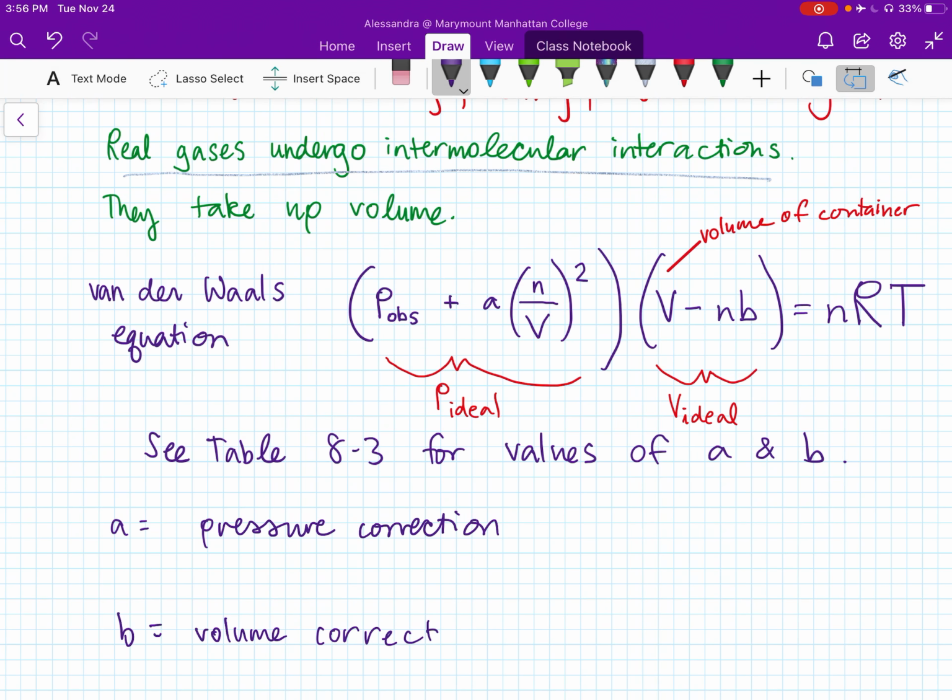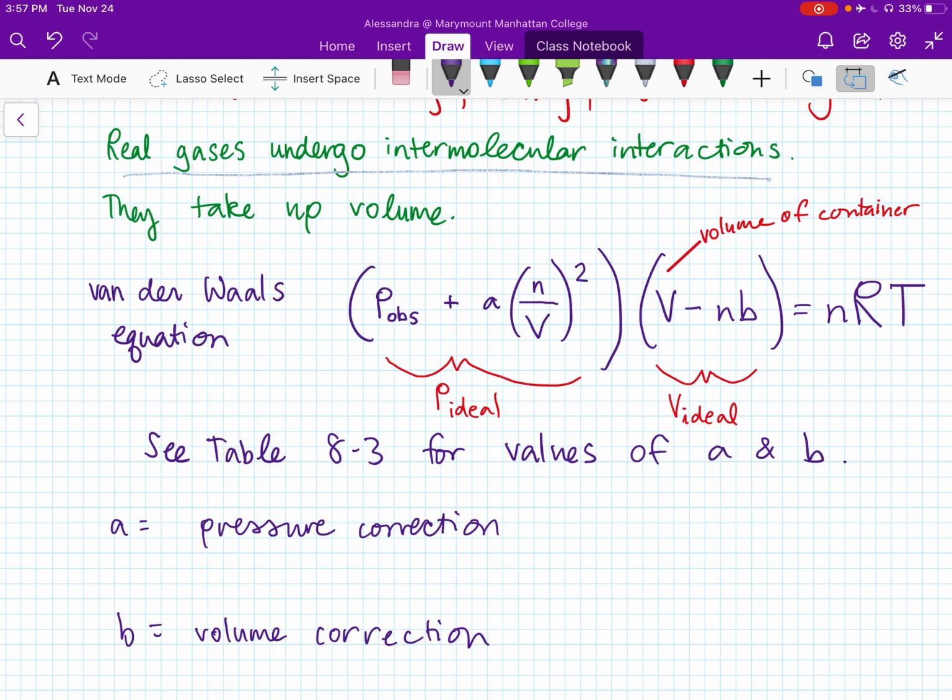So the pressure correction takes into account attractive interactions between gas molecules that would prevent them from hitting the walls of the container as frequently as they would if it were a so-called ideal gas.